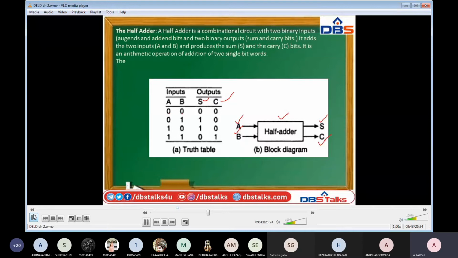Here A is 0, B is 0; A is 0, B is 1; A is 1, B is 0; A is 1 and B is 1.